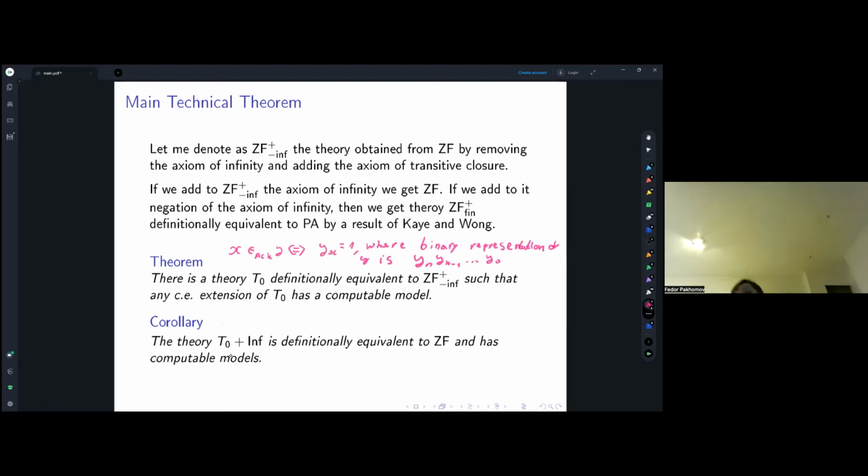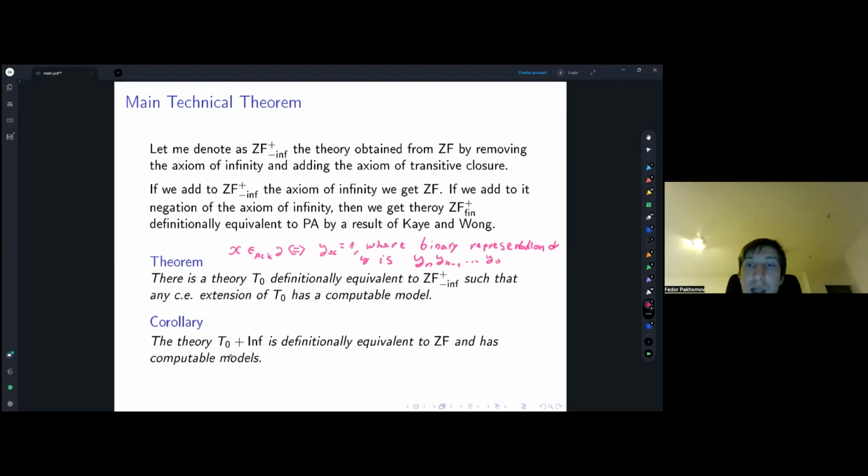Since I started to discuss this Tennenbaum theorem for the theory, I should mention that the analog of Tennenbaum's theorem also holds for the theory ZF plus phi.